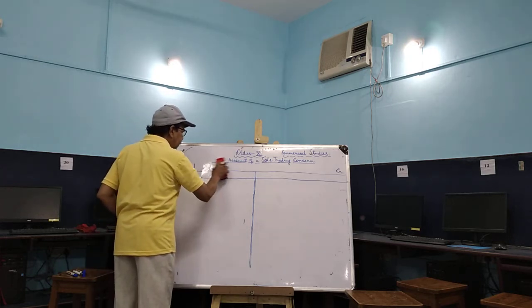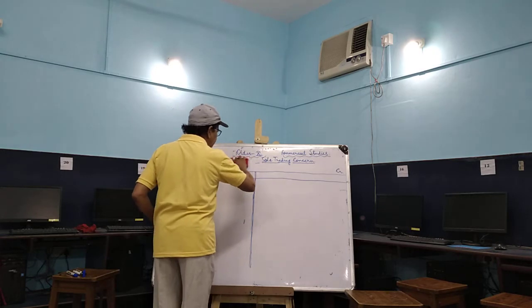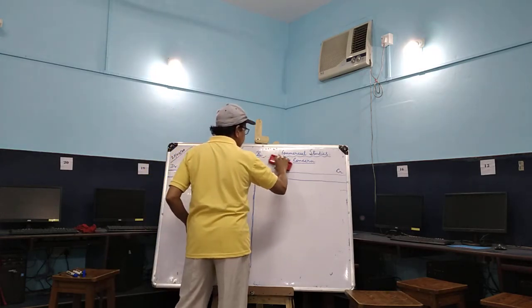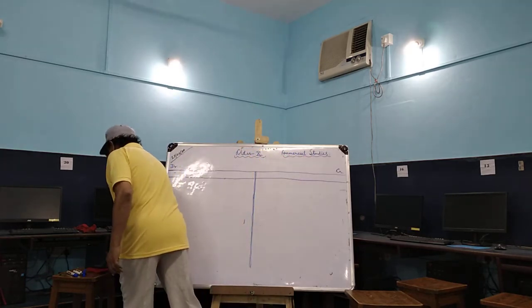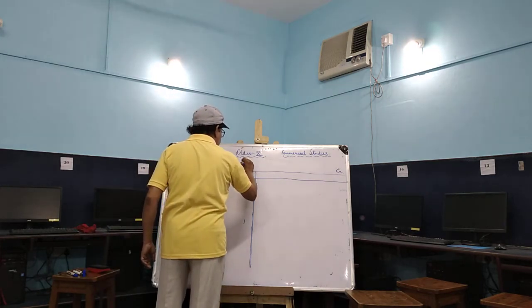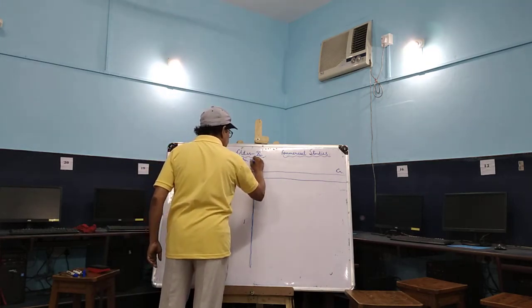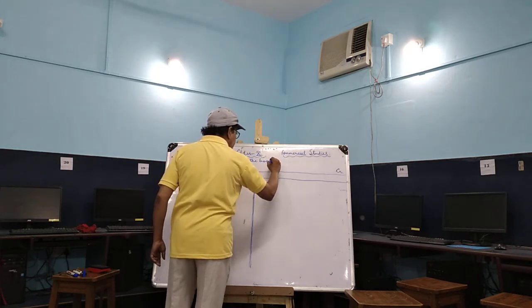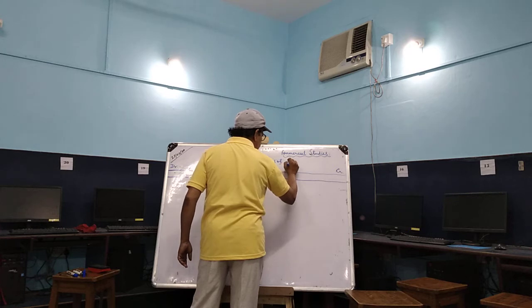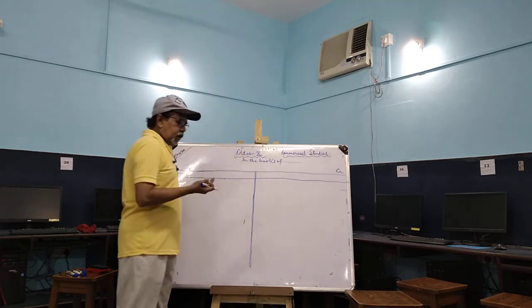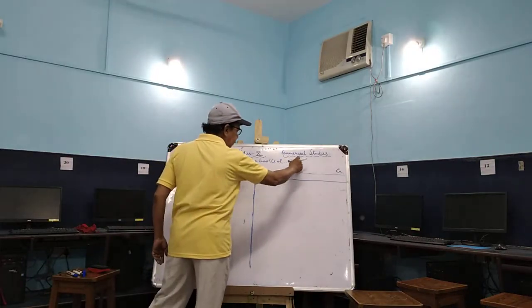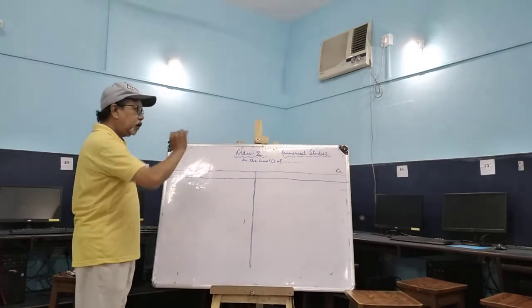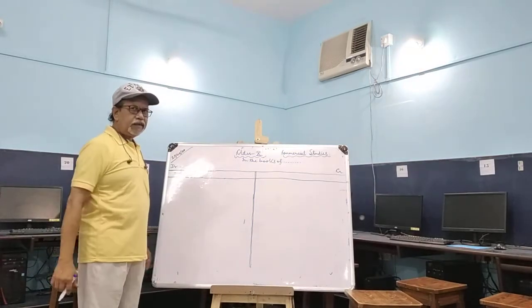Then we have to write something more at the top of the profit and loss account. First, you write "In the books of". Now, if the name of the concern or the name of the proprietor is given, you write the name here on the dots. Otherwise, put some dots and leave it.